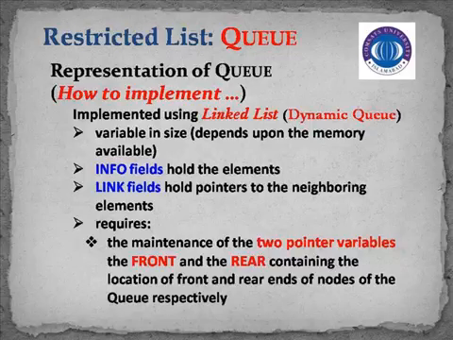The dynamic queue requires the maintenance of two pointer variables, the front and the rear, containing the locations of the front and rear ends of the nodes of the queue respectively.